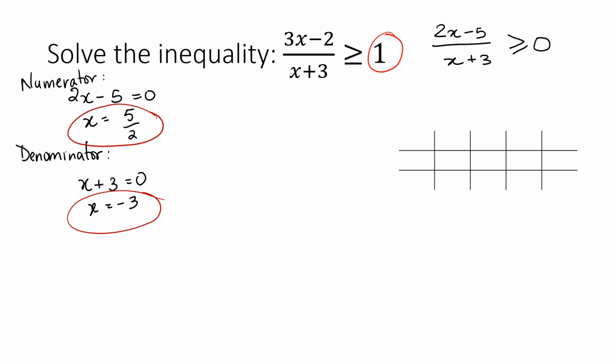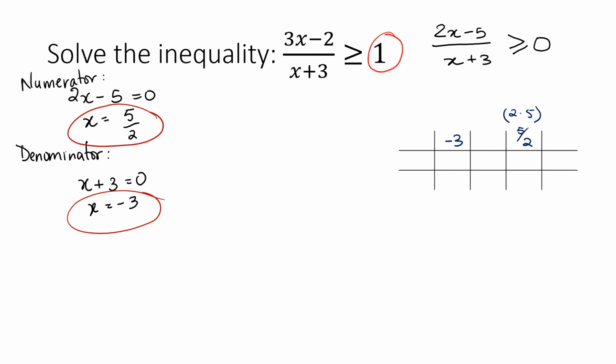So we put in our two values. -3 is the lowest, so it comes first, and 5/2 is the highest, so it comes second. And just for those who don't know, 5/2 is the same as 2.5. I just like fractions, but if you're more comfortable with decimals so you can picture it on the number line, I'll put the 2.5, but try to work with fractions.